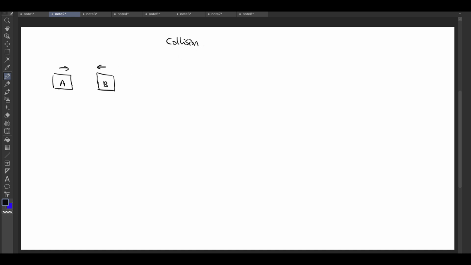In the process, of course, the force between the two objects changes with time. So collision also has a varying force. Force is a function of time.